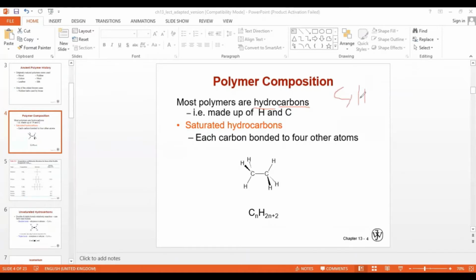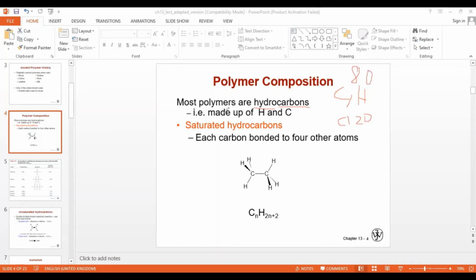If you want to express it as a percentage, say for example you have PVC, polyvinyl chloride. In that you have chlorine, hydrogen, and carbon. If you separate it by percentage, you will find chlorine is around 20%, but the hydrogen and carbon make up 80%.